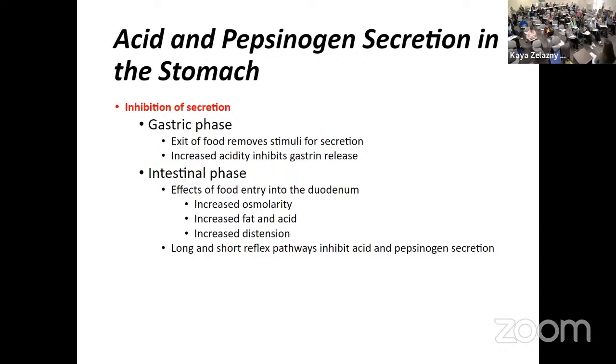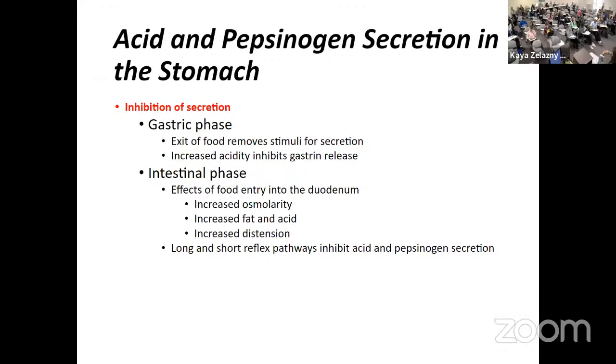So we've got more stuff in it, not just water. It's going to be increasing the amount of fats, the amount of acid in the duodenum. So any fat you ate and the acid coming out of the stomach mixed in the chyme, that's now in the duodenum as we're moving through our GI system.